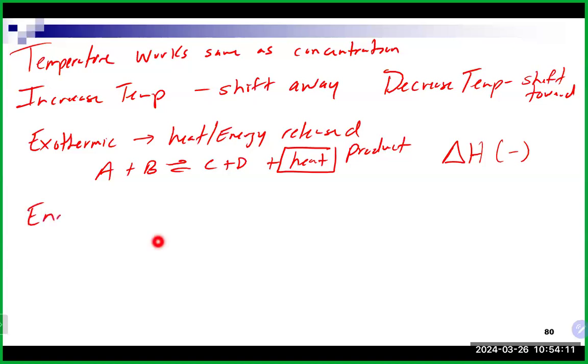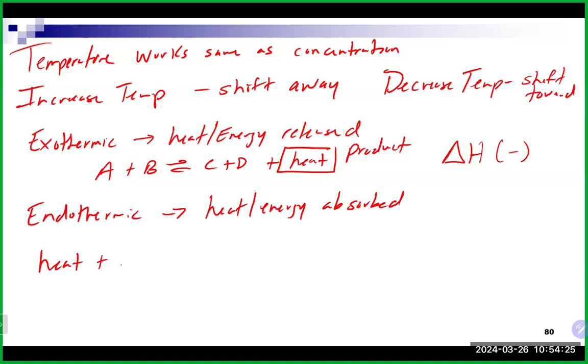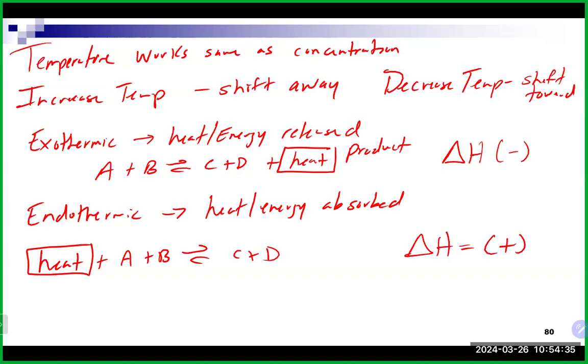Endothermic is pretty much the same idea, but opposite. That is when our heat and energy is absorbed. And when it's absorbed, we think of heat and energy as a reactant. Think of it over here. And much like our exothermic, our delta H here will be a positive value.